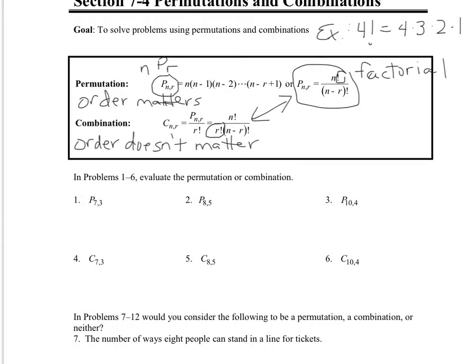Now, we talked a little bit about this notation here, and here's what I want you to see is if you want to solve this, a permutation of 7 things being taken 3 at a time, you may use the formula up here, which would mean that you would take 7 factorial and you would divide that by 7 minus 3 factorial, which means I have 7 factorial divided by 4 factorial.